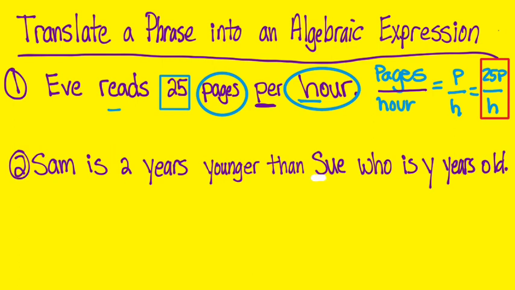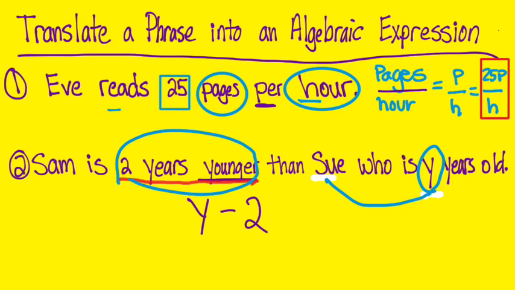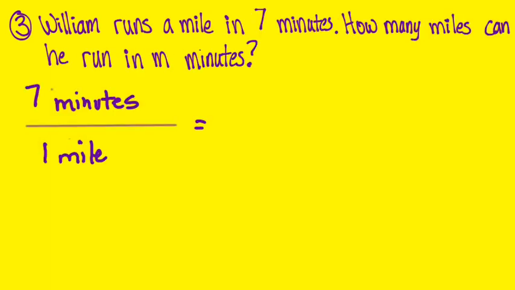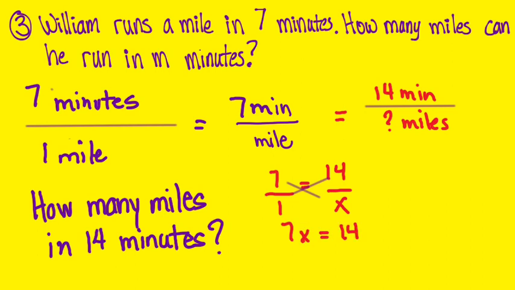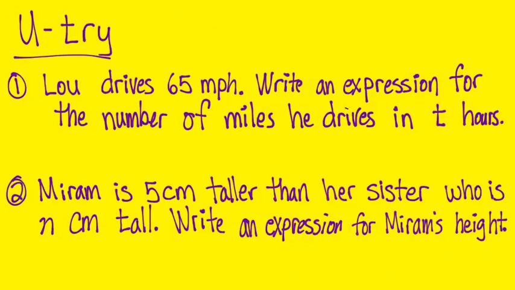And then Sue is going to be represented by Y. So we know it's going to be Y minus 2. Y minus 2 will represent Sam. Oh, and I'm going to skip this one. All right. Here's another you try. You can pause the video here and then check your solutions.